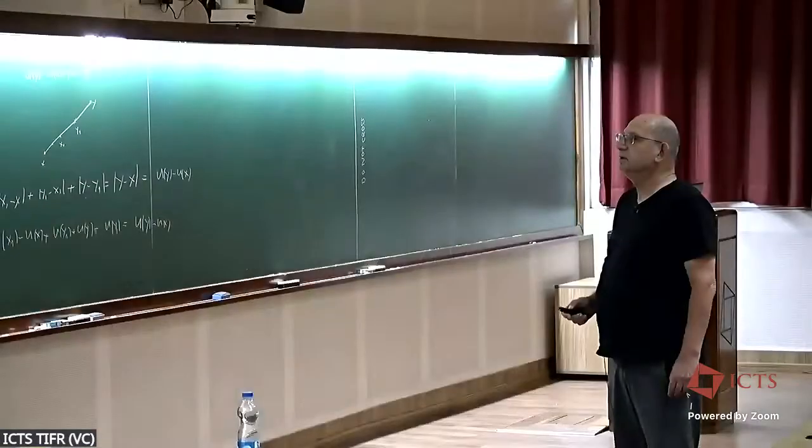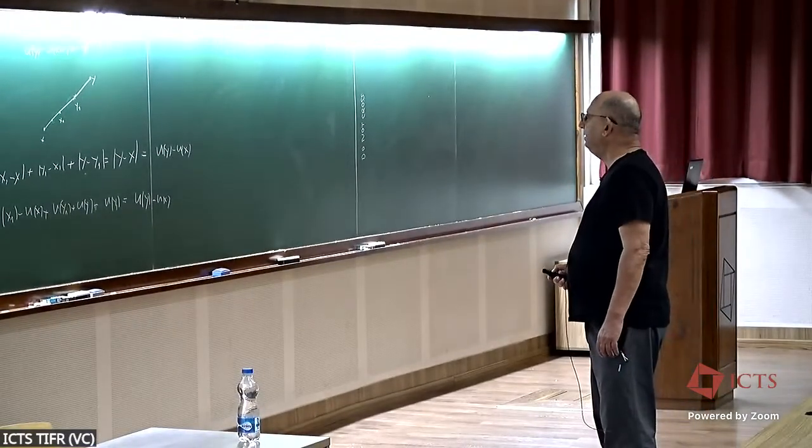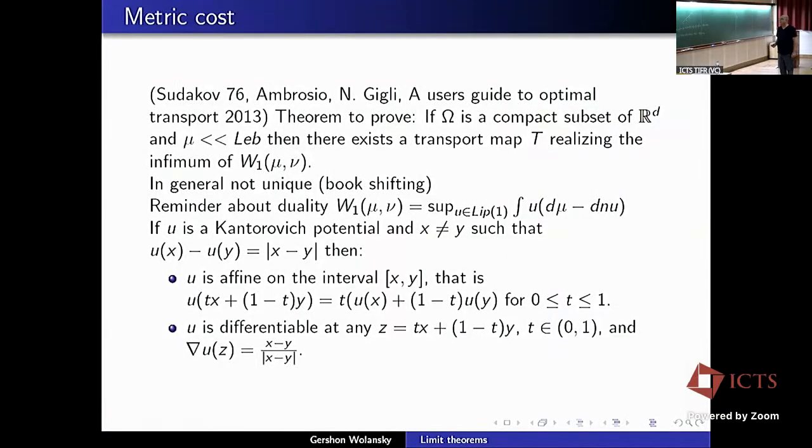What we proved is that on each point in the interior of such a maximal line, u is differentiable, and its gradient is fixed at each point in the interior of this segment, which is the unit direction of the segment.